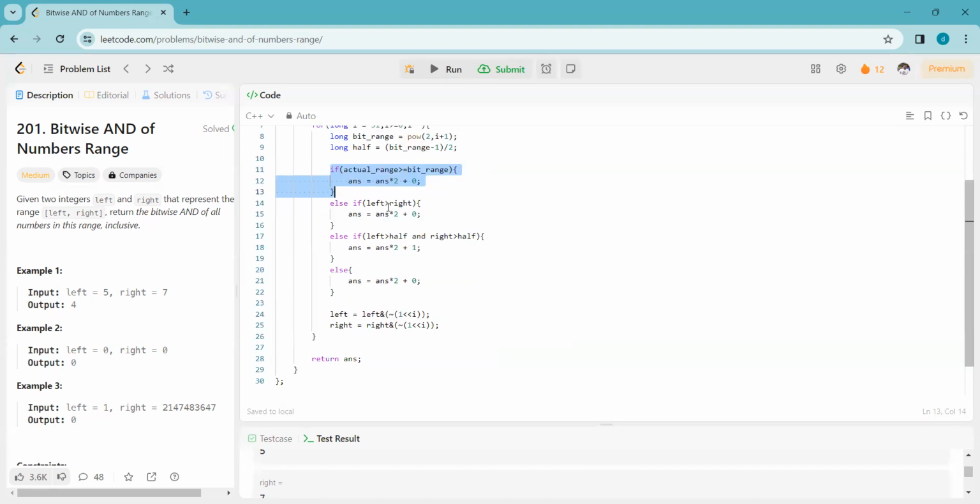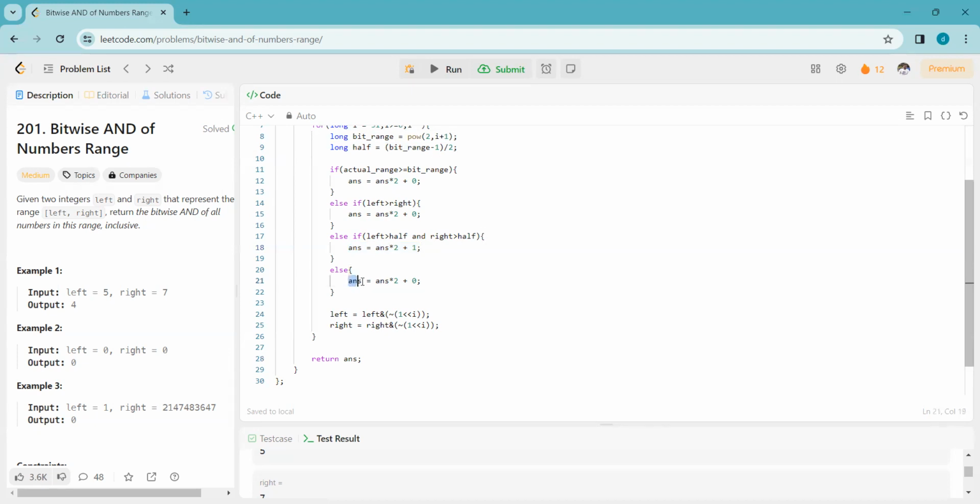Else if our number left is greater than right, then also our answer is 0. Else if left is greater than half and right is also greater than half, then it is 1.